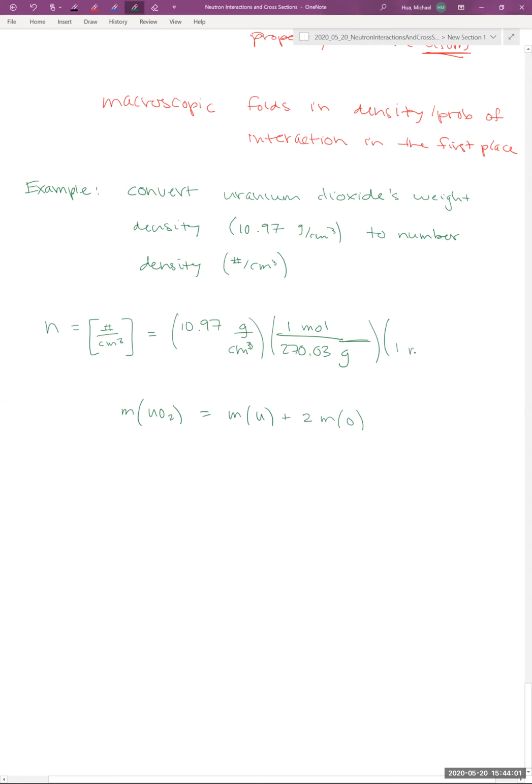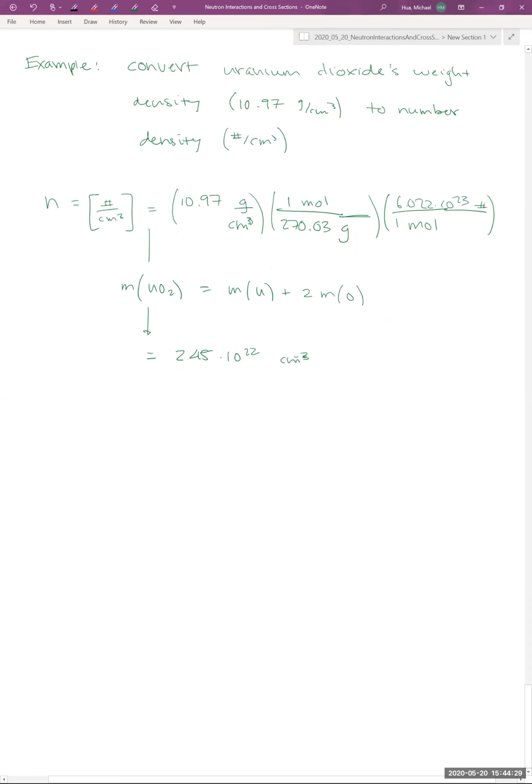And then for every mole, we have Avogadro's number of molecules. And so what we get is that the number density is 2.45 times 10 to the 22 per centimeter cubed. So as promised, we're just going to use this number right away.